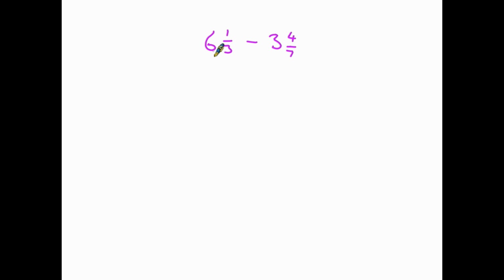What we have here is a 6. Let's put the whole numbers together at once here. So we have a plus 6, we have a minus 3, we have a plus 1/3, and a minus 4/7. So that's the same calculation separated out.